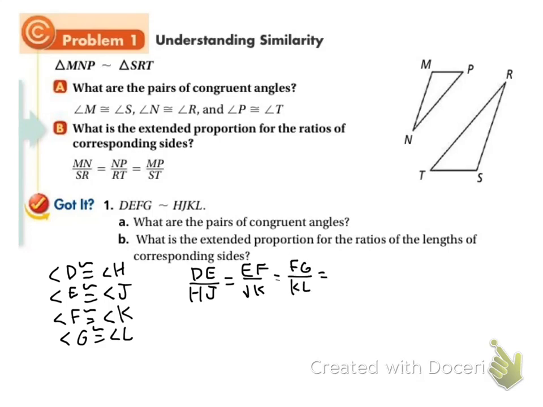And then I need to use the last letter and the first letter, so GD over LH. So all four pairs of congruent angles, and then I set up my extended proportion with all four sides. If you wanted to stick all the bottoms on top and all the tops on bottom, so basically flip every single fraction, that would also work. You just need the top to be one shape and the bottom to be the other shape.